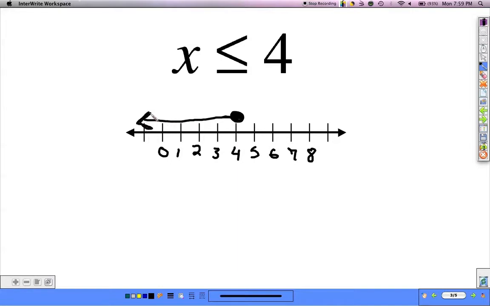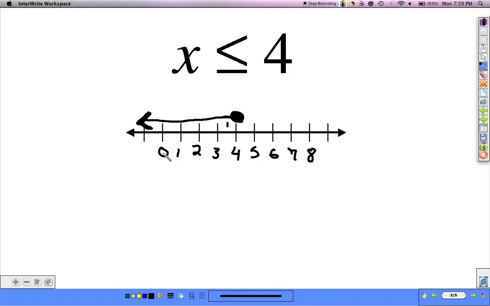So we can see that our solution set runs from 4 to negative infinity, right? That's all of our possible answers, because anything down to negative infinity could be a possible solution to this, and up to and including 4.